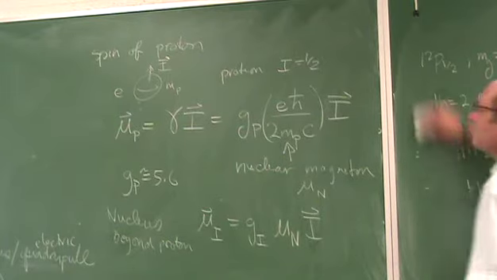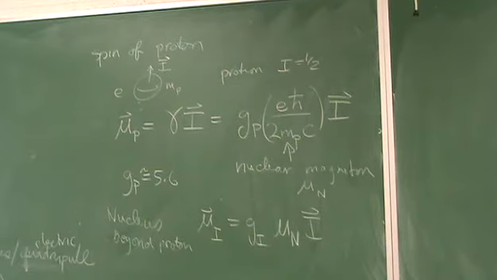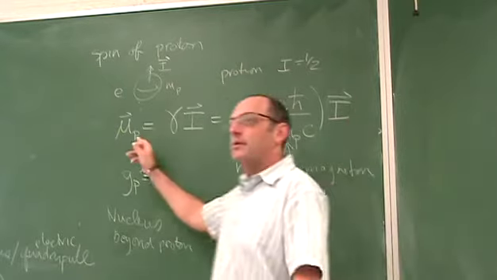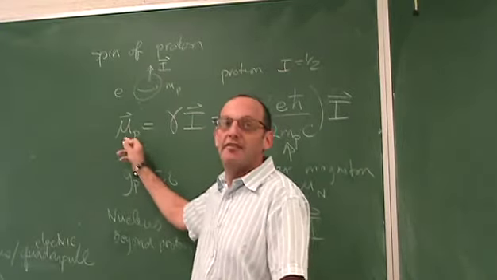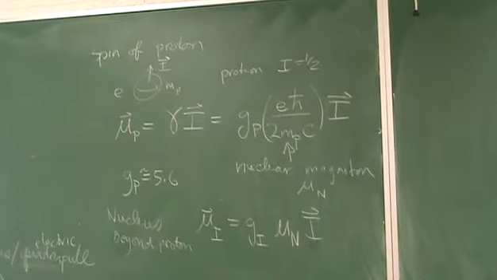So now the question is, the fact that the proton has a magnetic moment means that there are magnetic interactions with the magnetic moment of the proton that are due to the fact that we have this little magnetic dipole moment. So there are basically two effects.